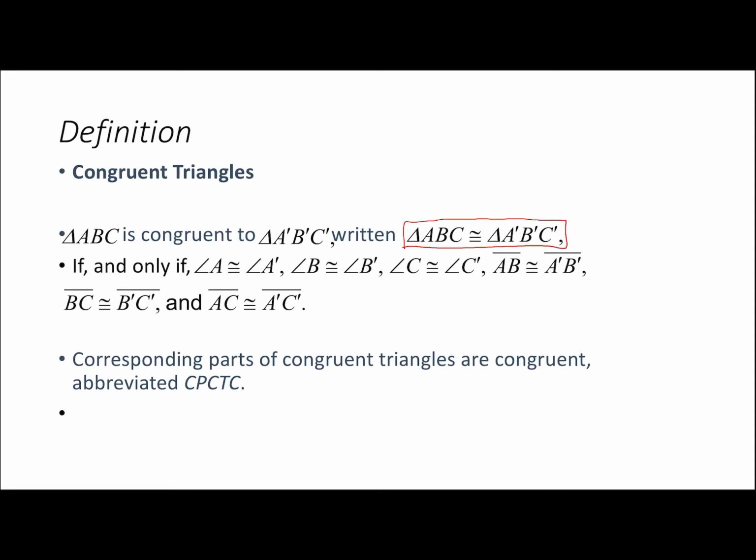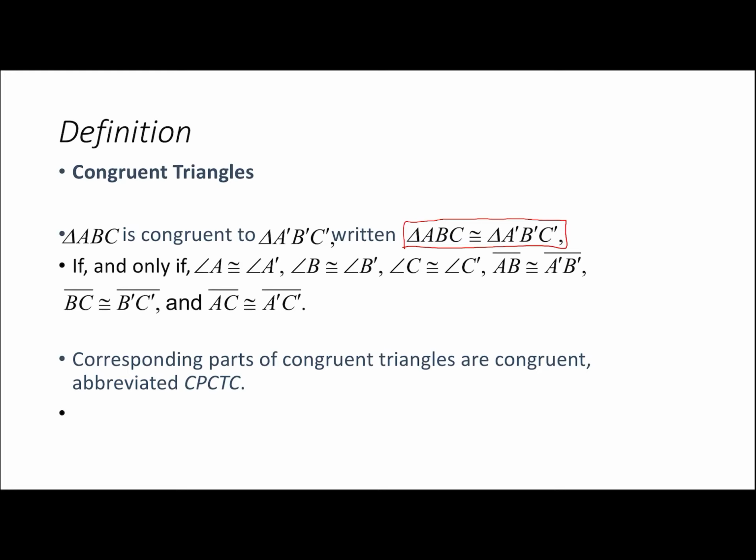So, congruent triangles. Triangle ABC is congruent to triangle A prime, B prime, C prime. Written like this. You can see how that's written. If and only if, again, there's that statement.